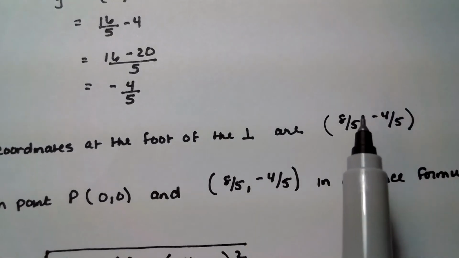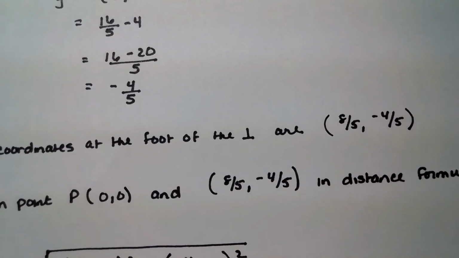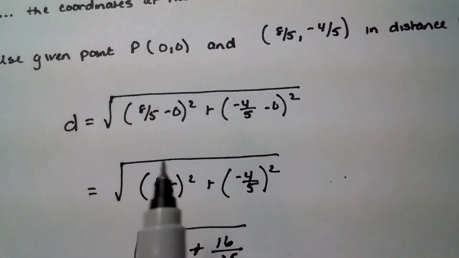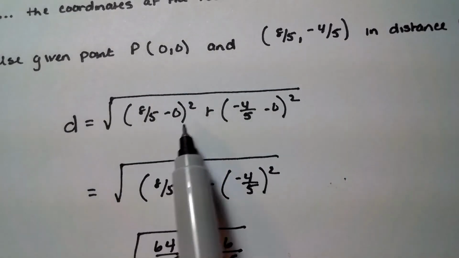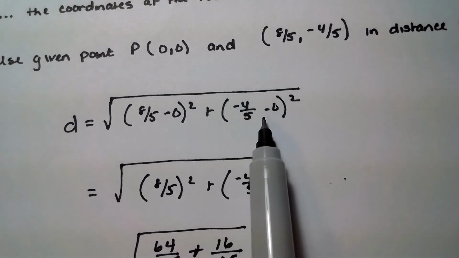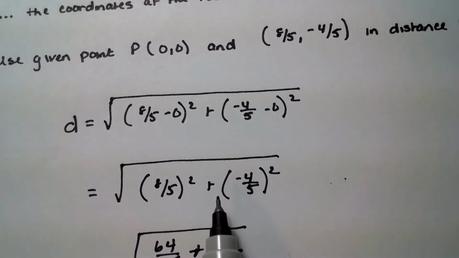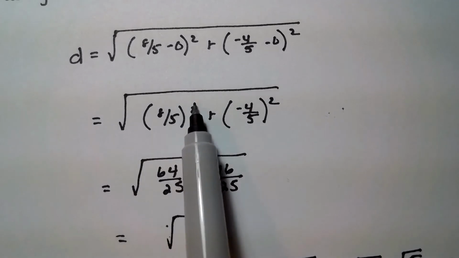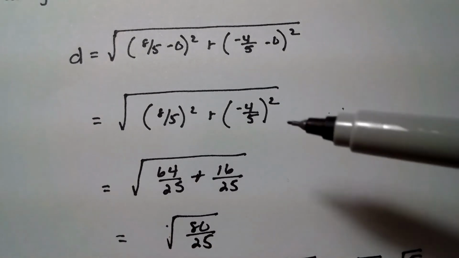Okay, now I can take the point at the foot of the perpendicular and the point that they gave me and plug it into the distance formula so I can find the distance between the 2 points. So x2 minus x1 squared plus y2 minus y1 squared, 8/5 squared, negative 4/5 squared. If I square a negative number, it becomes positive, so I don't worry about the sign. 8 squared is 64, 5 squared is 25, so remember when you square fractions, you square the top and the bottom, the numerator and the denominator.